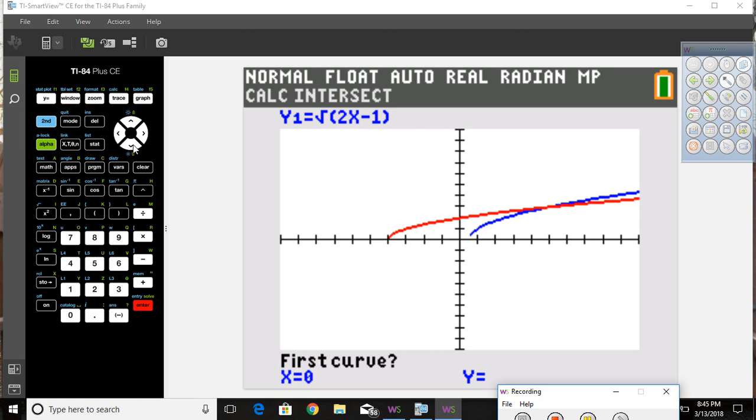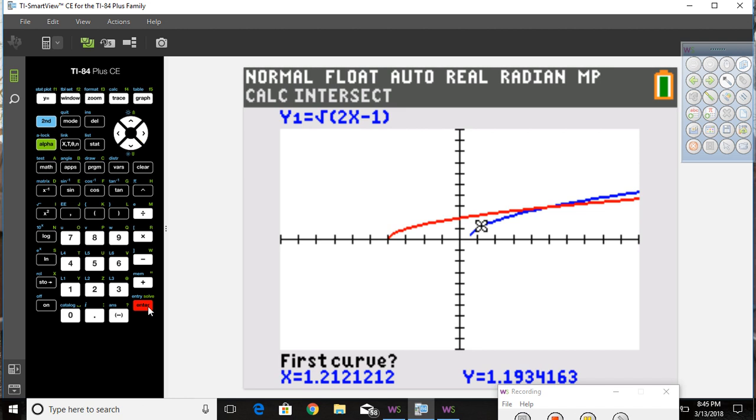So that means pick one. And notice that if you look up here at the top, it says y1 equals the square root of 2x minus 1 in blue. So if you want to arrow over a little bit until you see the little crosshairs come up on your blue line, I prefer to see them so I know I'm in the right spot.